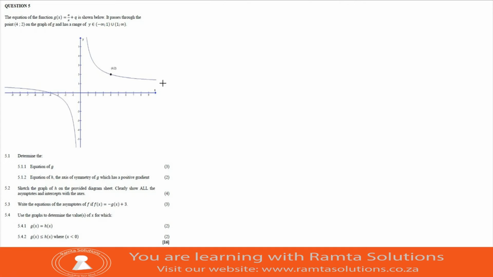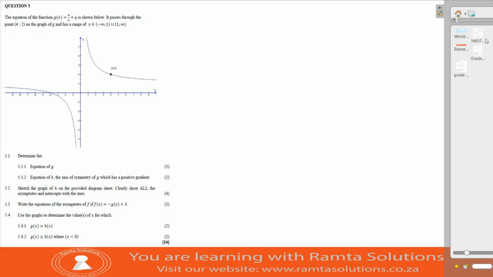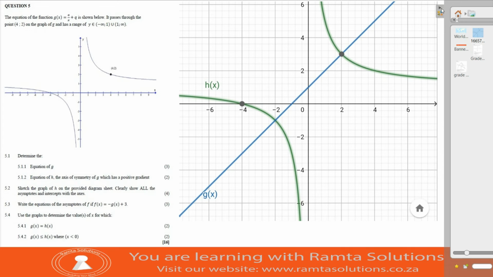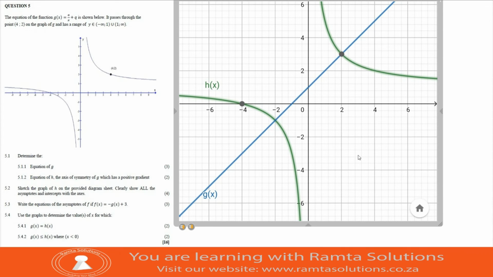5.4 says use the graphs to determine the value of x for which this guy is equal to this guy. You see, 5.2 was saying to sketch the graph of h on the provided diagram sheet. On that diagram sheet, there must have been g of x, and now all you needed to do was to plot h of x. But I have something for you, so let me just insert it.